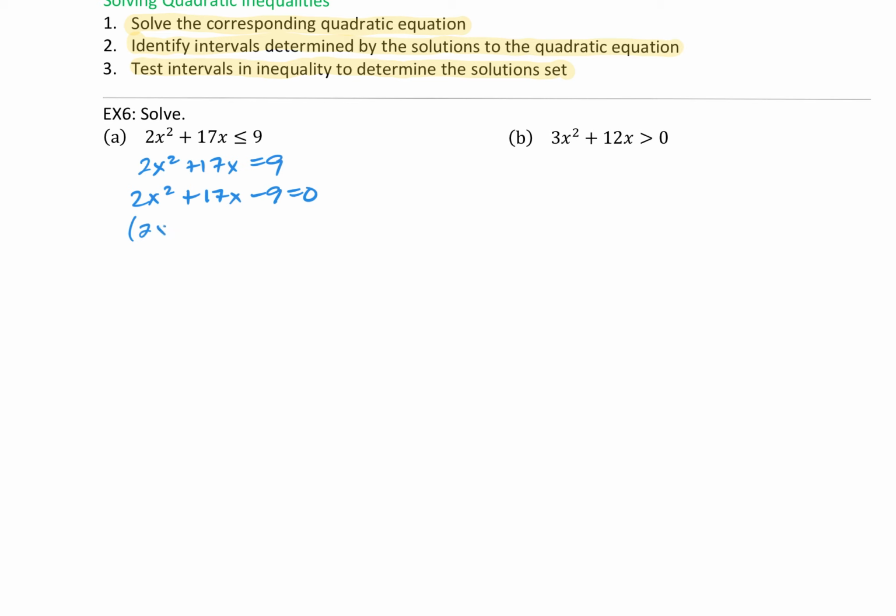It factors as 2x, x. I think it's going to be a 9 and a 1: x plus 9, 2x minus 1. Let's see, 2x squared plus 18x minus 1x gives me the plus 17x. Yes, that's it.